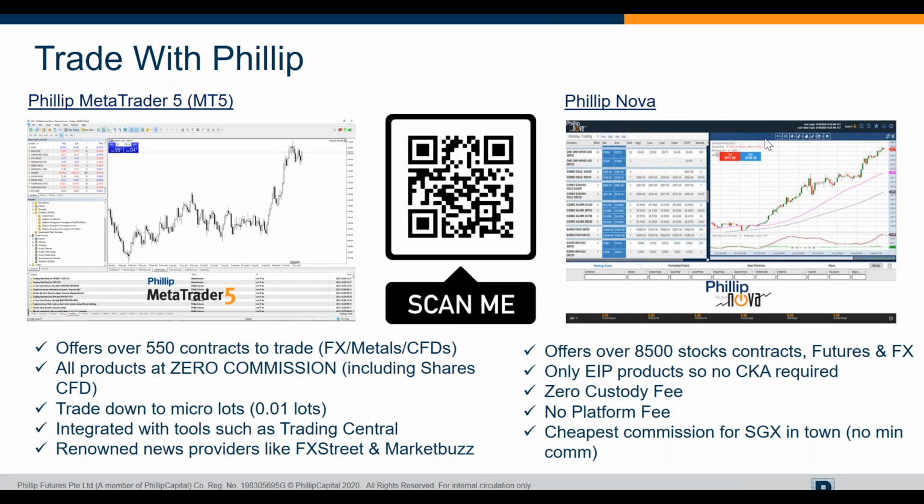You either need a degree or diploma in a related field like finance, or if you don't, you only have to take a quick online e-learning. Once you've done that, you'll be able to open an MT5 account. But for Phillip Nova, there's no requirement. You can just open an account with no minimum funding. It's pretty straightforward, and free. So I think that is the offering.